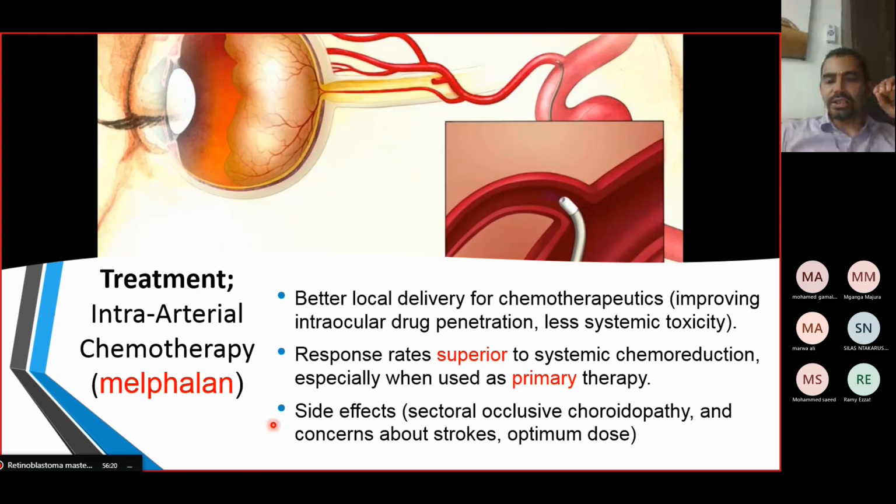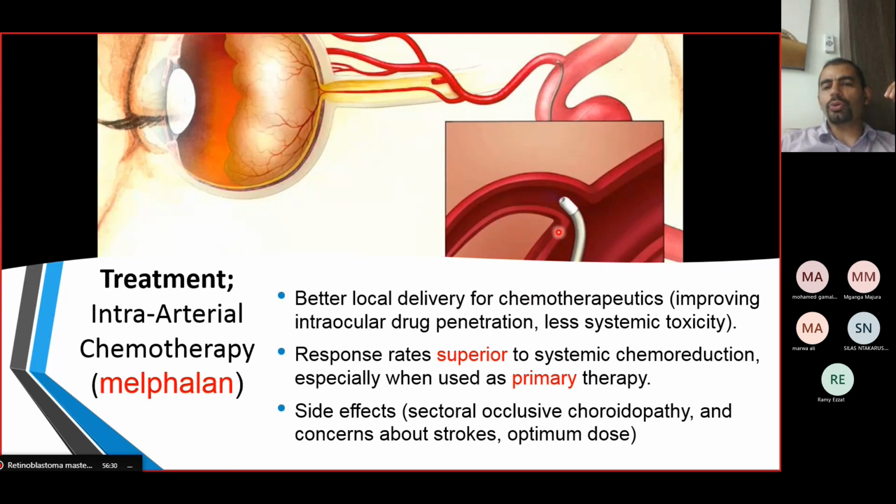The intraarterial treatment, it's done with a drug called the melphalan. So it's done by an interventional radiologist who will go with the catheter and go through the carotid artery to the ophthalmic artery, and then to the central retinal artery to inject the melphalan, which will go in high concentration just to the area that needs treatment, just to the artery that supplies the tumor.